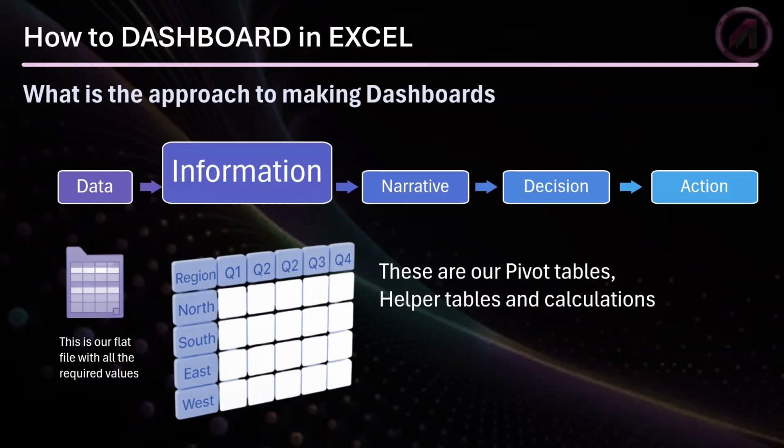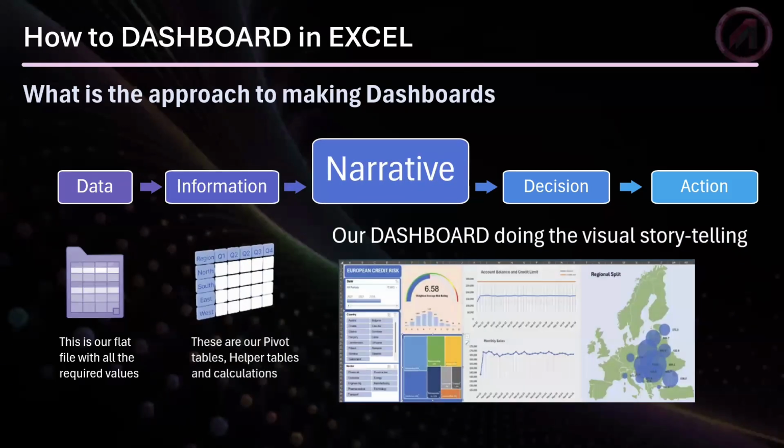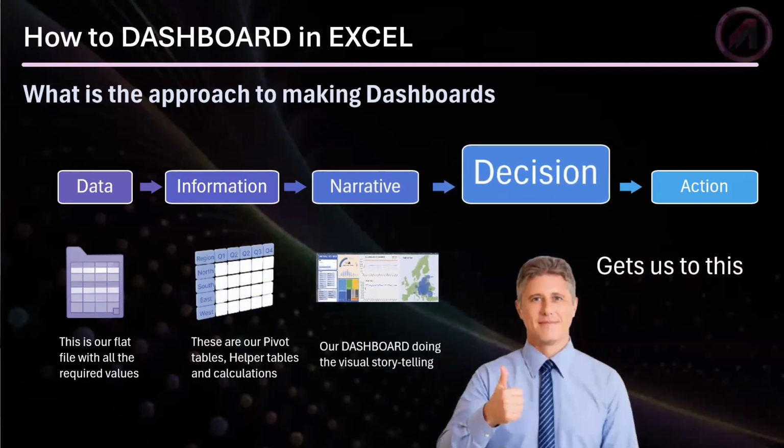Typically we'll use pivot charts, but also helper charts. All of this is to build out our dashboard, to give the visual storytelling needed to the audience, so that hopefully we can get to a decision.